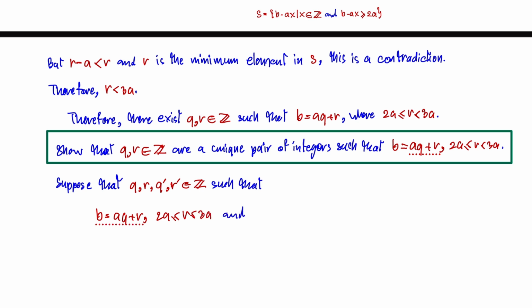And B is AQ prime plus R prime, where R prime is greater than or equal to 2A and less than 3A.